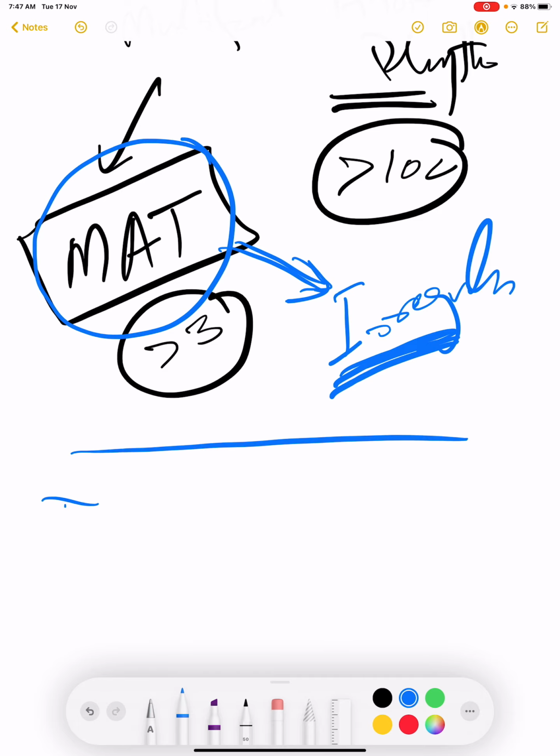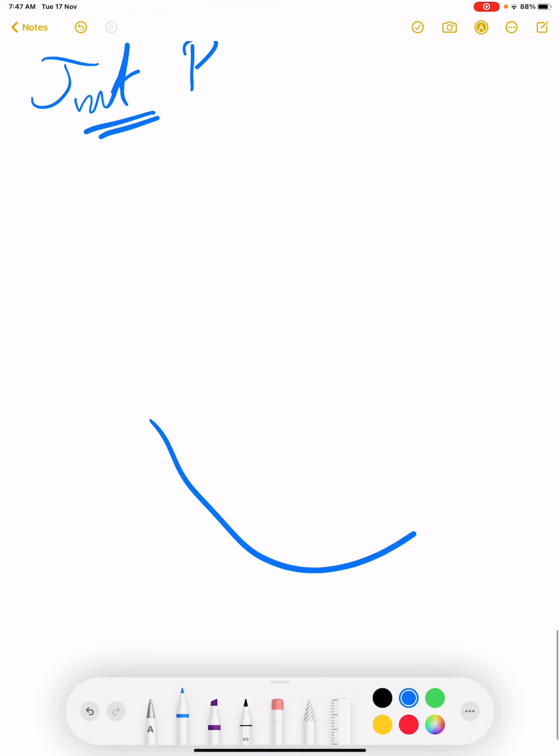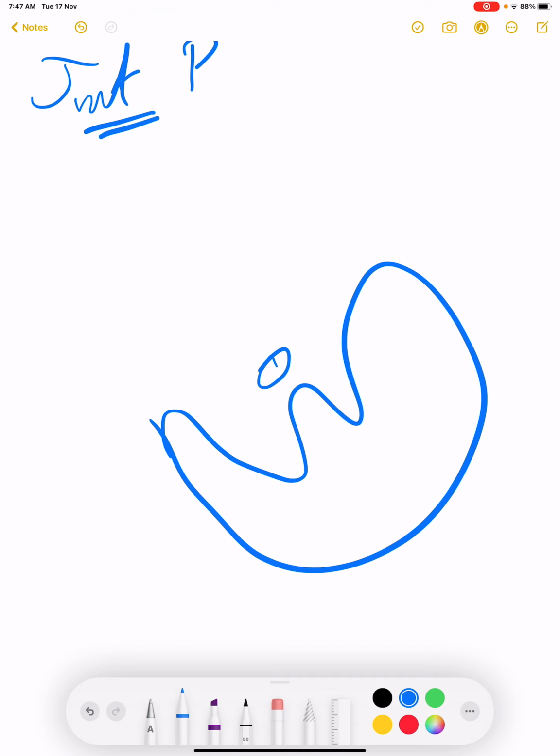Now let's talk about junctional P waves. So what happens in the junction? Because our junction, I told you, is located very near to the AV node. This was our SA node, this was our AV node. So if a P wave is generated in this area, what would happen?